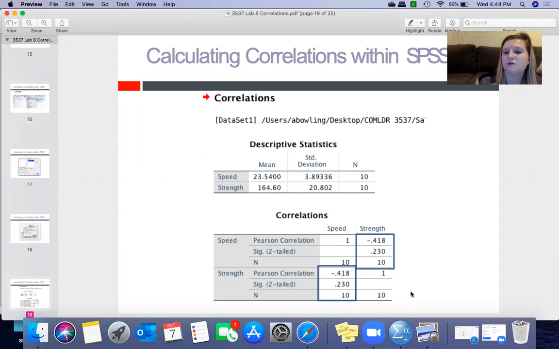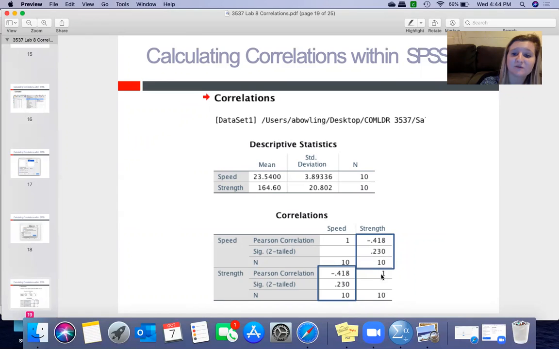So you're going to need to know where to pull your values from. And I circled those with each of these boxes. So we have repetitive data right here where it ran strength and speed, speed and strength, and then repetitive data otherwise diagonally where it ran speed with speed and strength with strength to get a perfect correlation.